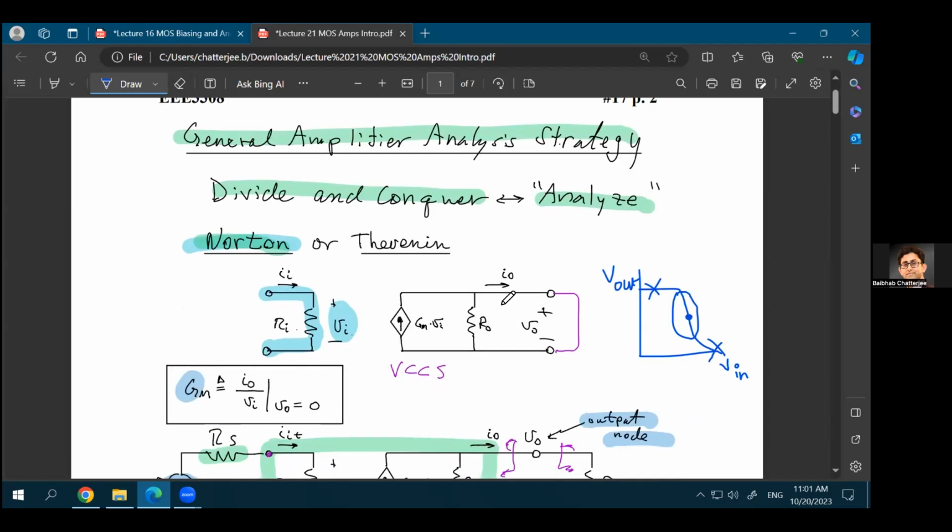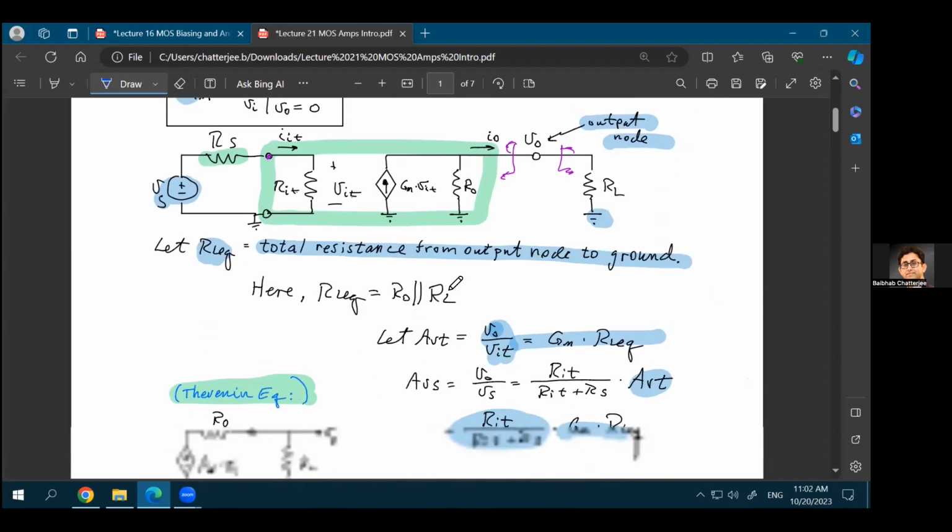To do that, you would have to do a Norton or Thevenin equivalent circuit of the MOSFET. And that is something we have discussed before: this is the linear equivalent circuit, or the AC small signal equivalent circuit, of a MOSFET. You have this as the gate terminal, this as the source terminal, and that as the drain terminal.